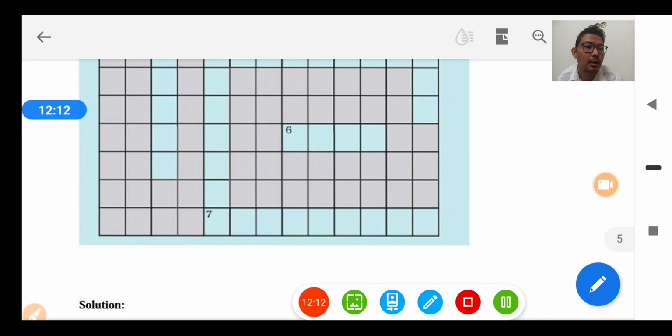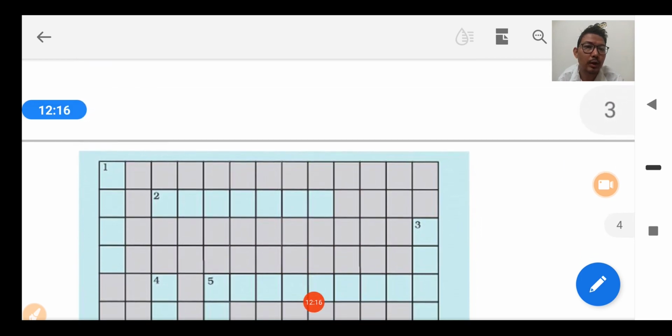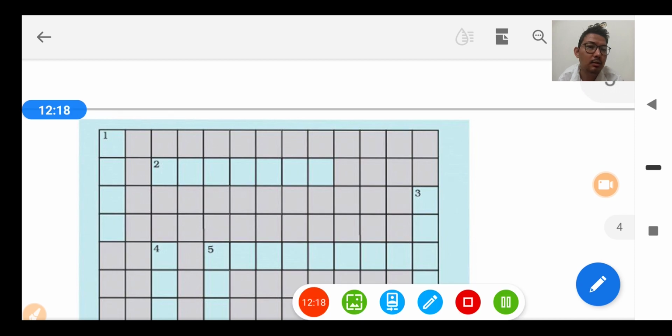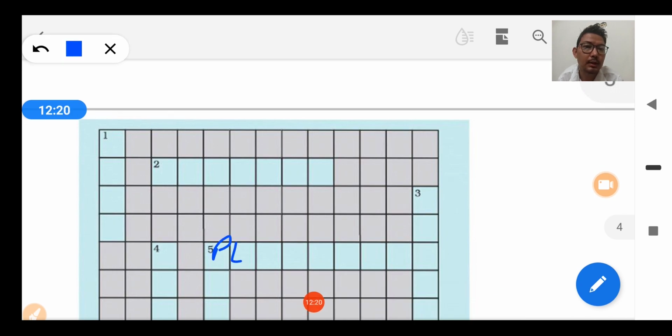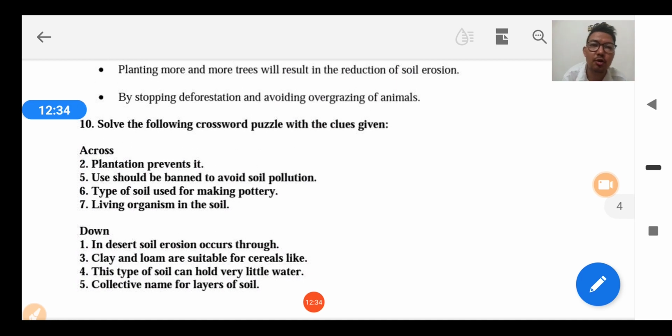Let me explain here. In point number 5 you have to write plastic, polythene. It is becoming difficult to write on the screen, so please make use of your pens. Next is the type of soil used for making pottery.